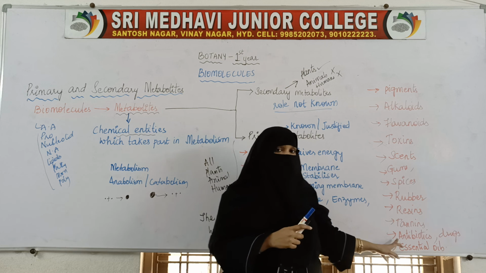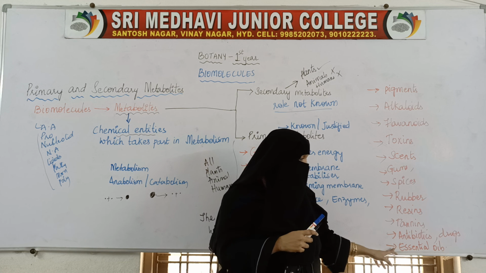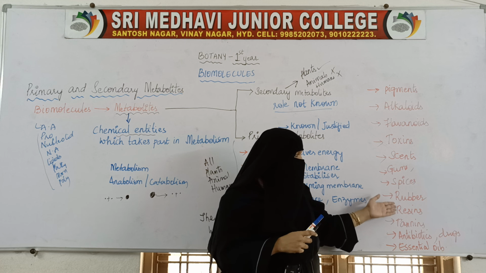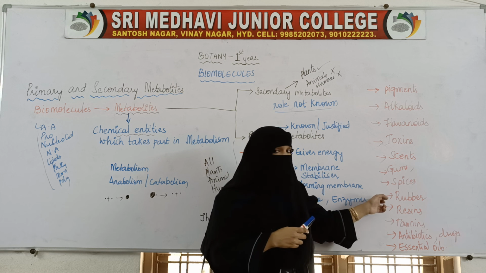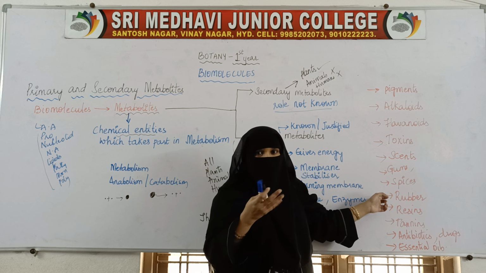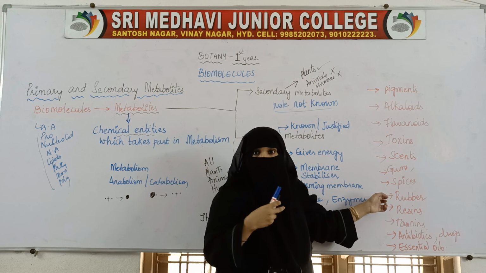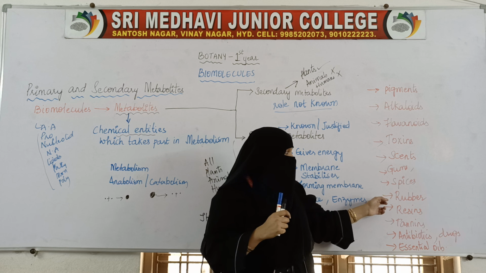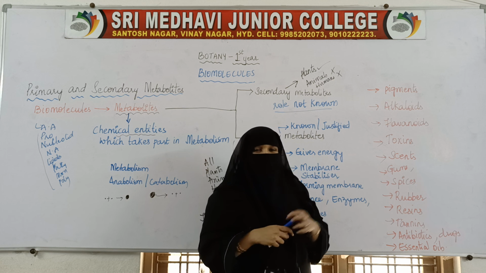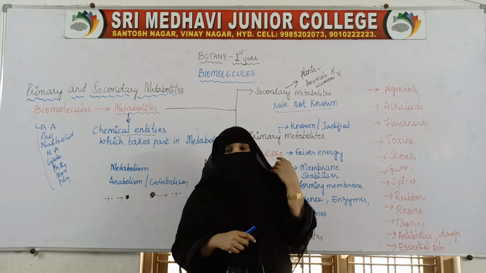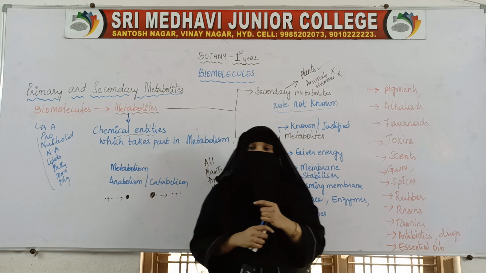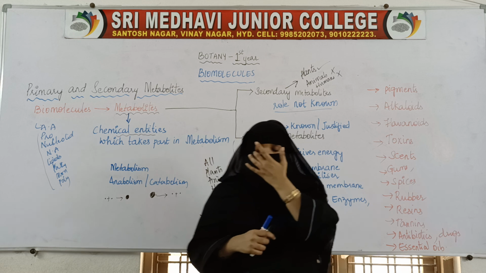We use antibiotics for treating diseases. We use scents, resins, and tannins for varnishing purposes. We use rubber for many other purposes, for making different things of rubber, and we use spices in the food. So these things are very valuable to human beings, and some of them are even valuable to animals also.